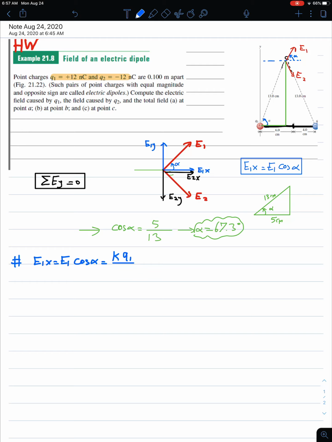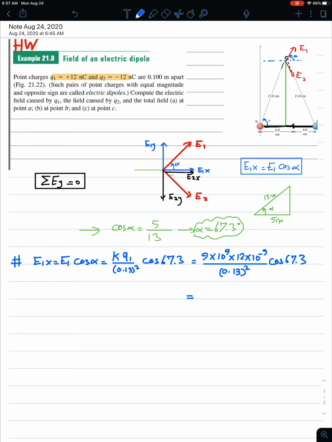What's the distance from the point to the charge? It's 13 centimeter, so 0.13 squared, times cosine 67.3. I know that k is equal to 9 times 10 to the power of 9, and Q1 we know is 12 times 10 to the power of minus 9, over 0.13 squared, times cosine.